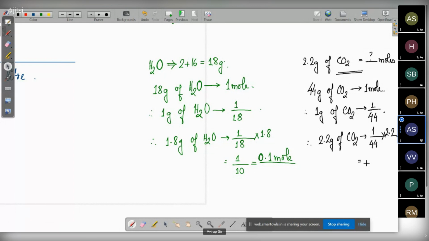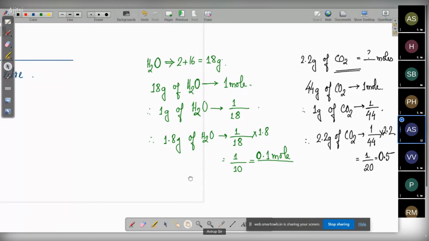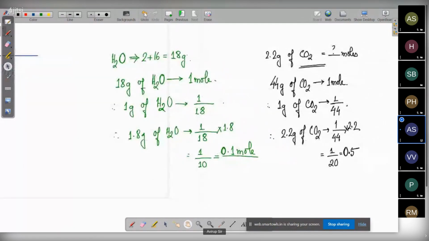That is 1 by 20, which is equal to 0.05 moles, not 0.5, 0.05 moles.